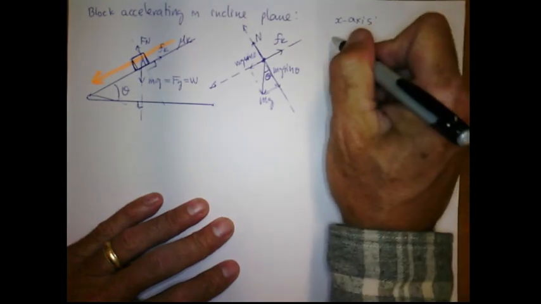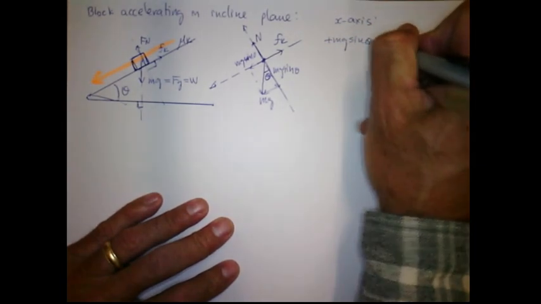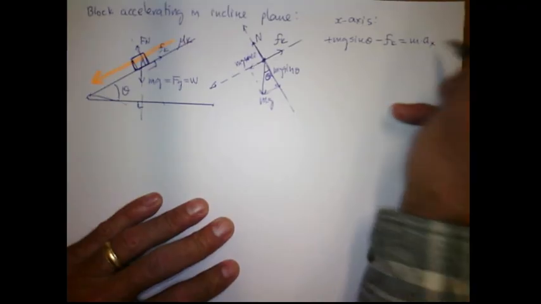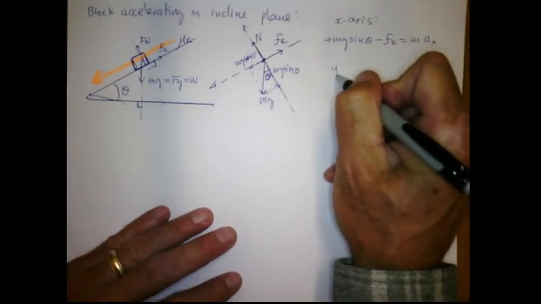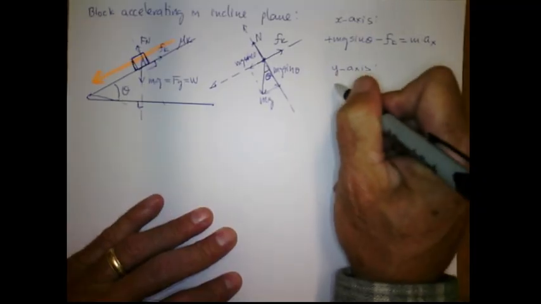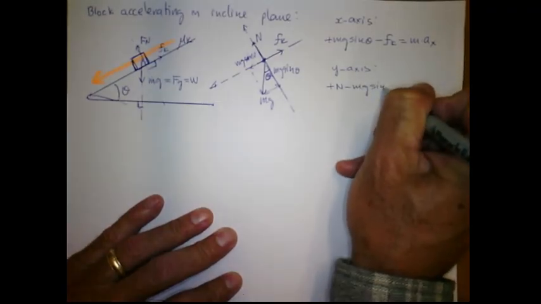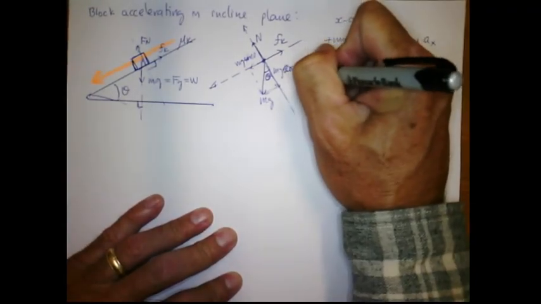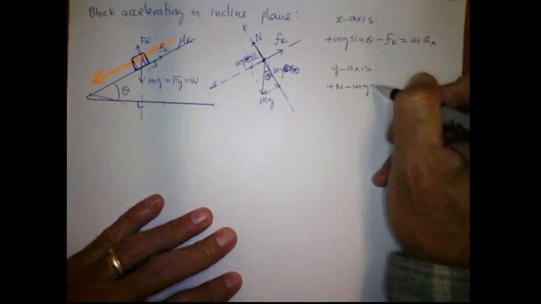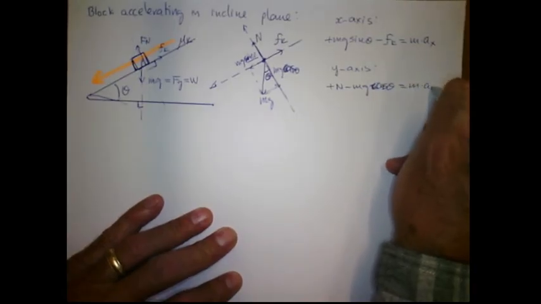So in the x-axis I get positive mg sine of the angle minus friction equals mass times acceleration in the x-axis. In the y-axis I have normal force minus mg cosine of the angle. This is cosine and this is sine. Equals mass times acceleration in the y-axis.